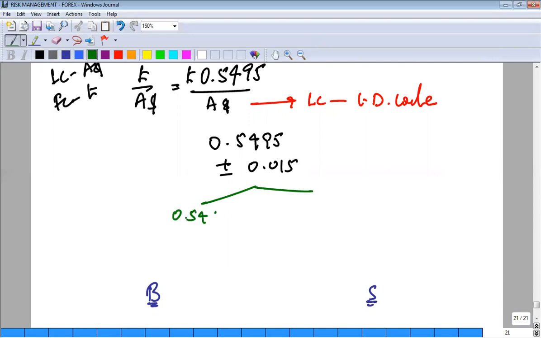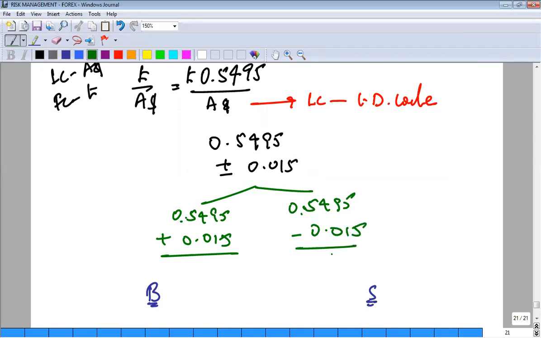So 0.5495 plus 0.015, that is 0.5645, buying, and 0.5495 minus 0.015, that is 0.5345, selling. The lower one is selling, the higher one is buying.